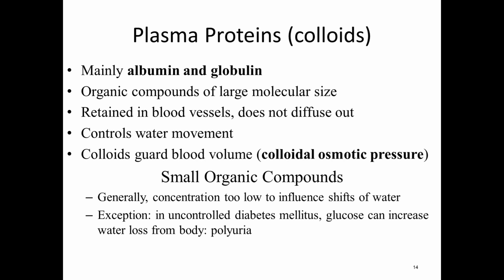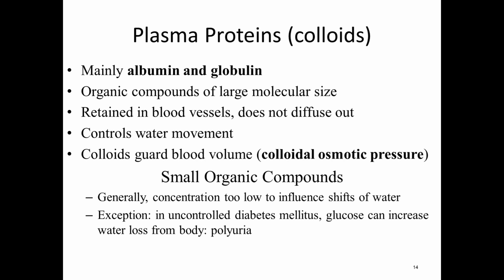Small organic compounds are generally in a concentration too low to influence the shift of water. They do not help in shifting water from one place to another because their concentration is very low. The exception is uncontrolled diabetes mellitus, where glucose can increase water loss from the body.